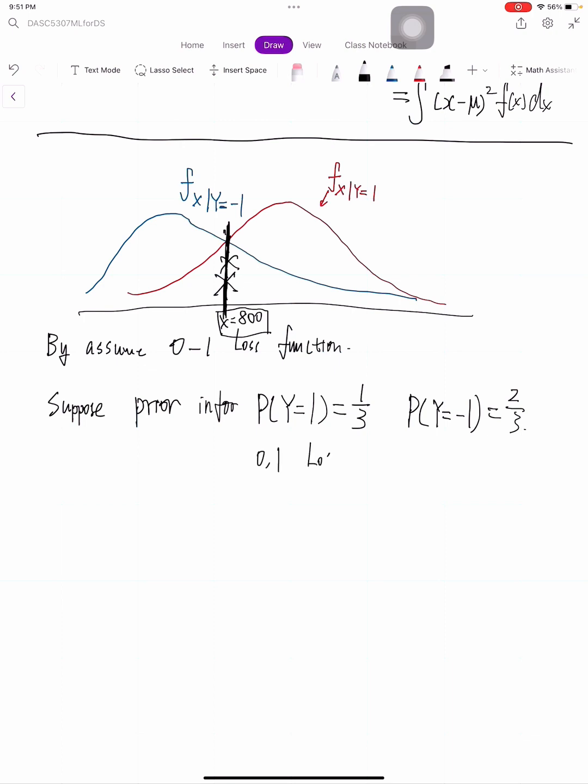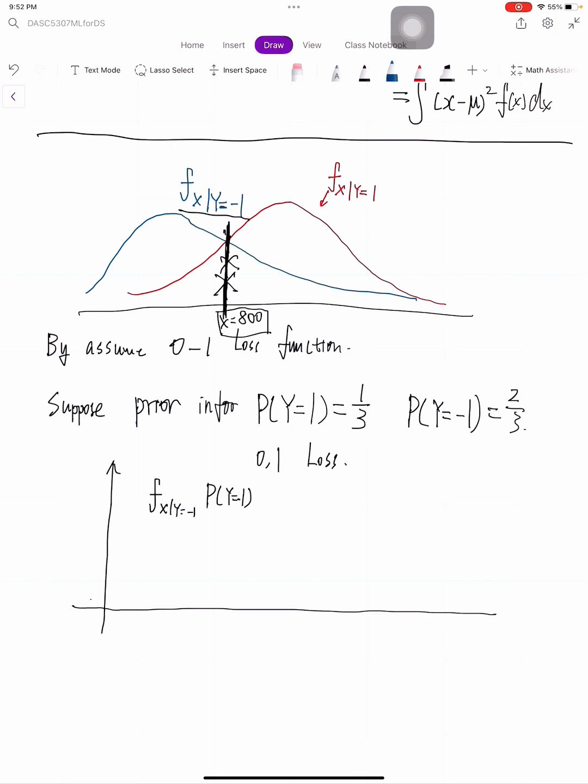Okay. And based on 0-1 loss, because it is a symmetric loss, we can calculate the risk function. Remember that based on our previous definition of the Bayesian classifier, if we have symmetric loss, our classifier will classify the case with higher posterior probability.